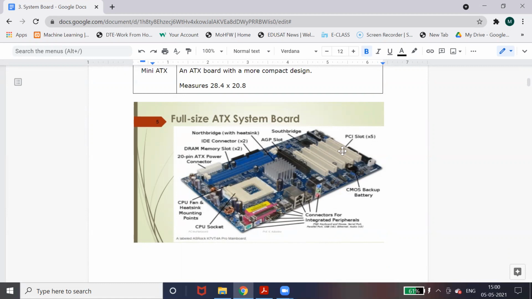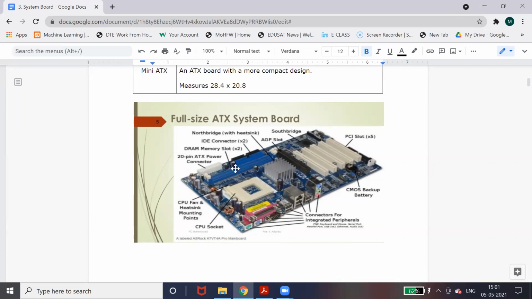PCI slots, the PCI bus slots. This is the South Bridge, and you can see the North Bridge on this side. South Bridge and North Bridge are the chipsets for making connections and transferring data between different devices and components. Then the IDE connector for your hard drive.